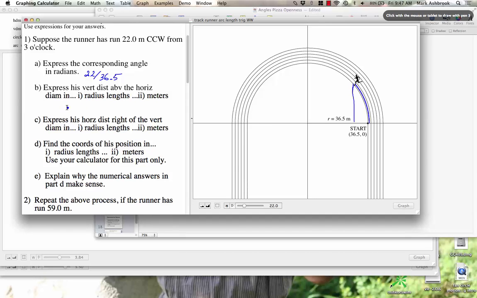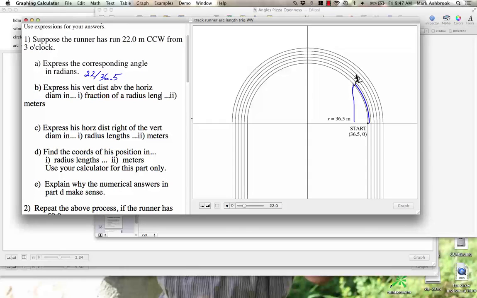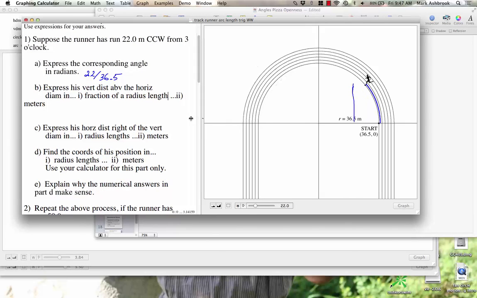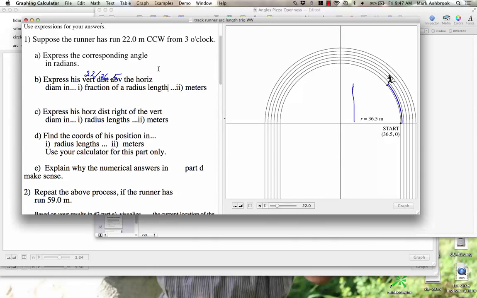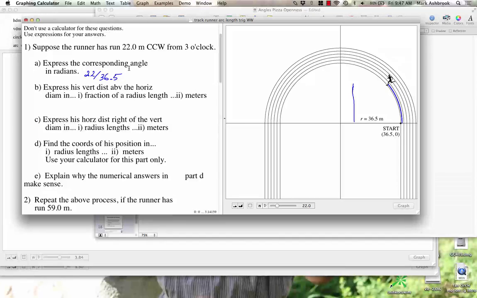Do the radius times sine, and then theta would be 22 over 36.5. You want to multiply it by the radius? Sounds like you want to multiply it by the radius, is that right? That's what I wanted to do.